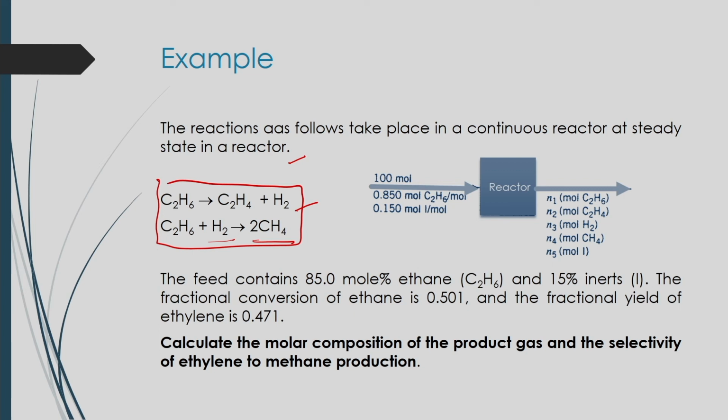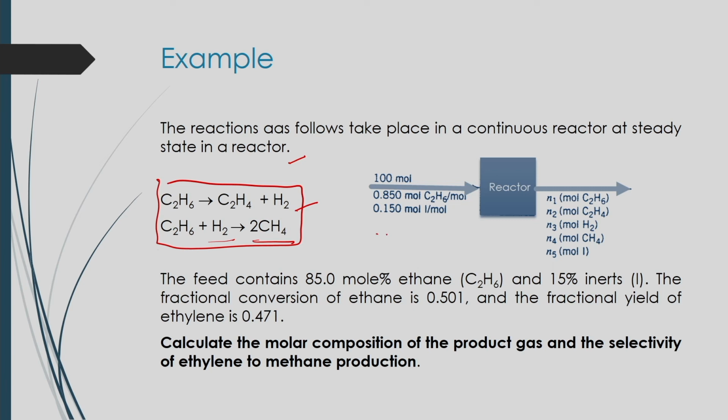Let us have these reactions going on in a reactor, and the feed contains 85 mole percent ethane and 15% inerts. The fractional conversion of ethane is given as 0.501 and the fractional yield of ethylene is given as 0.471.